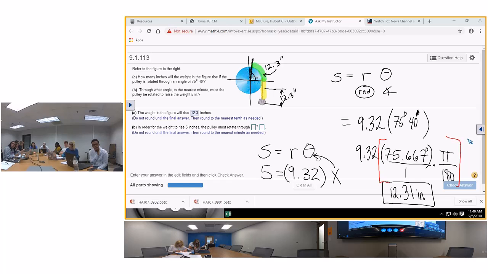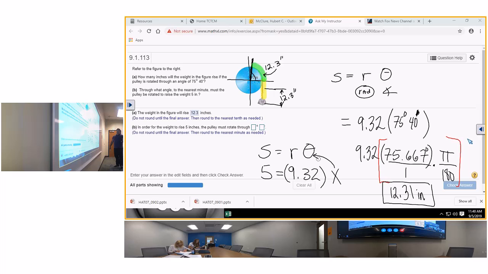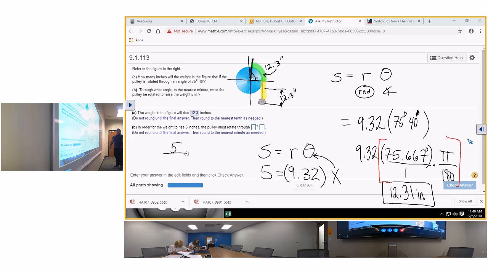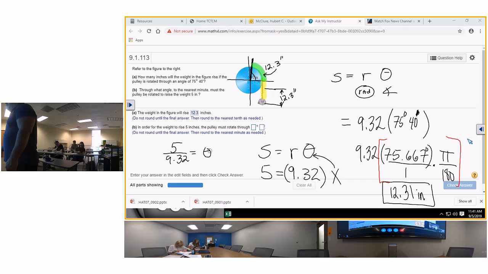We're going to take 5 and we're going to divide it by what? 9.32. So somebody take 5 and divide by 9.32, and that's going to equal x, or theta, whatever you want to call it. And what is 5 divided by 9.32?